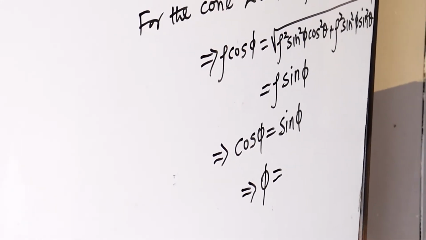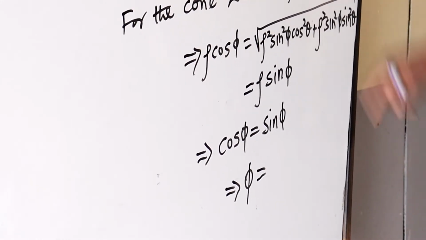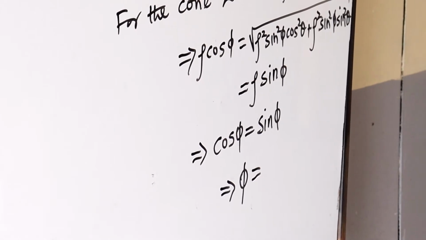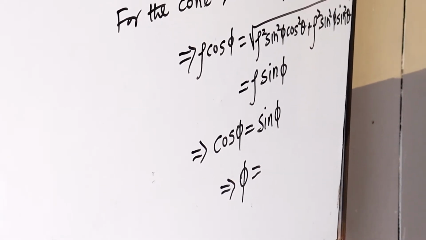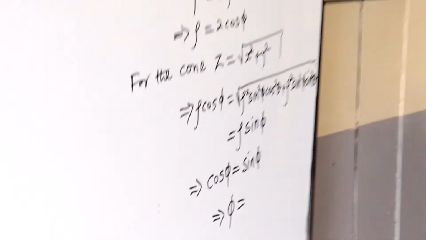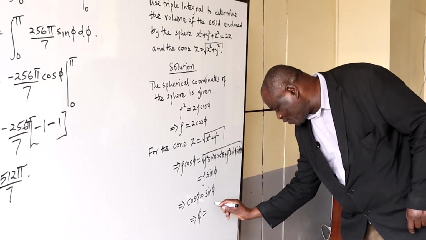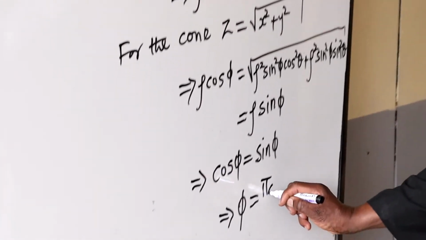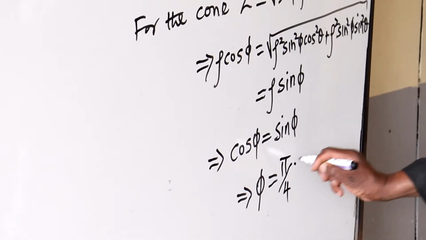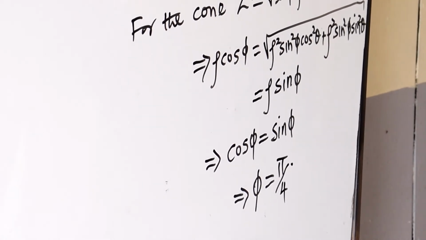And when this one is solved, it gives us that our phi is equal to what? Because we are in the first octant, on the section above the xy plane, our phi is equal to pi all over 4.